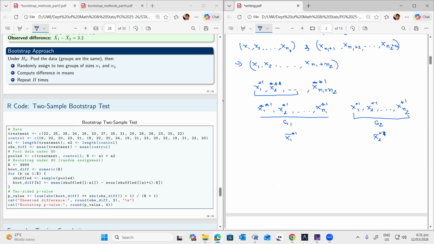And we will take the difference of both of them, that will be d1, right?